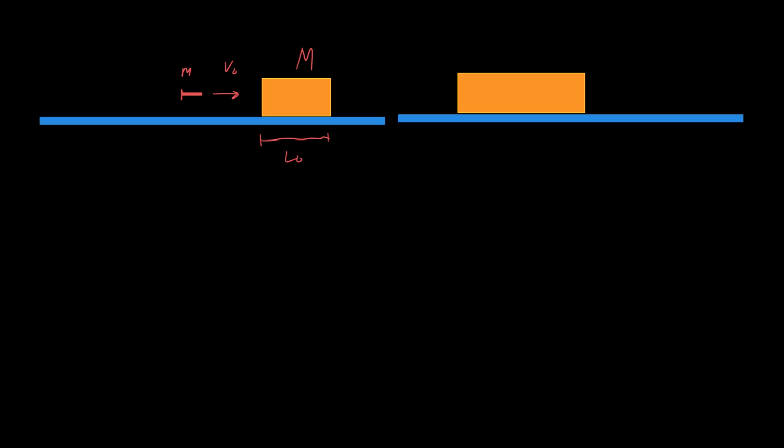I think what we're looking at here is a work energy question. Because in the last one, the work equaled the change in kinetic energy, correct? Now, we don't know what that force is, but we know the force is going to stay the same. And in the last one, the force times L naught, that's how large the block was.